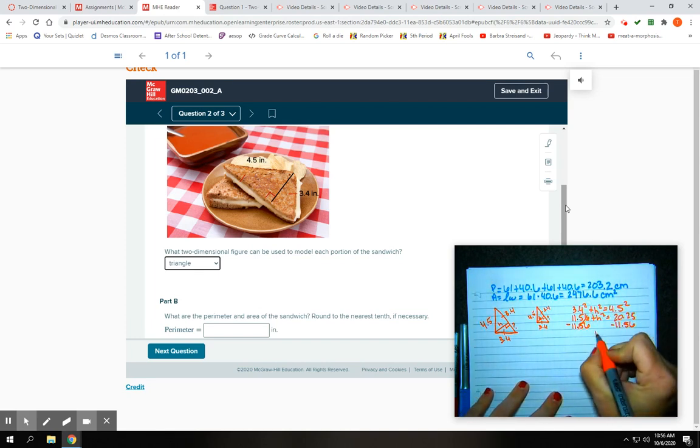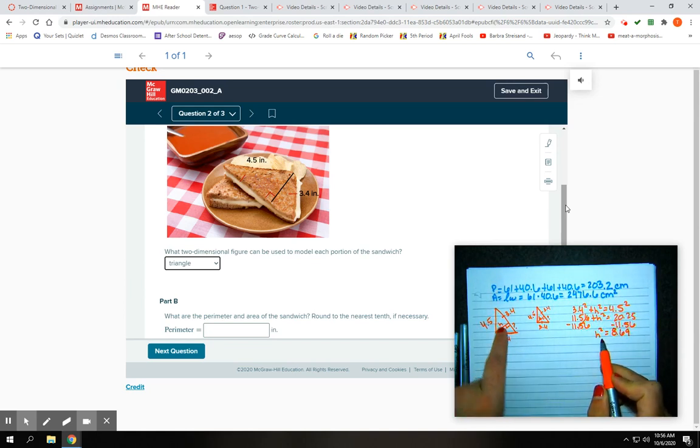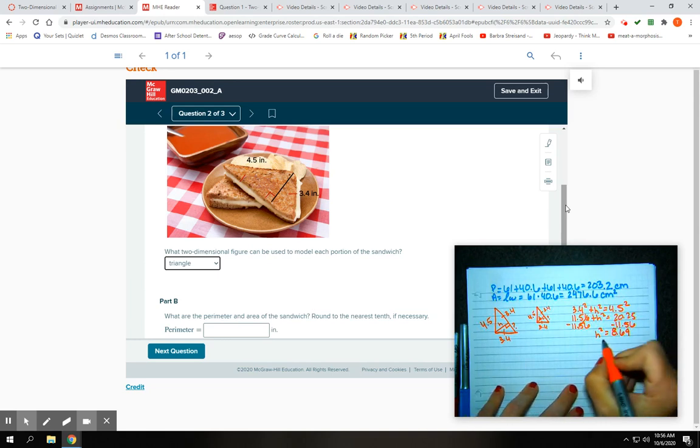That gives me h squared equals 8.69. I don't want h squared, I just want h, so I need to take the square root of that, which gives me h equals 2.948, rounded to the tenth if necessary, so 2.9 for the height. We're going to use 2.9 for the height.